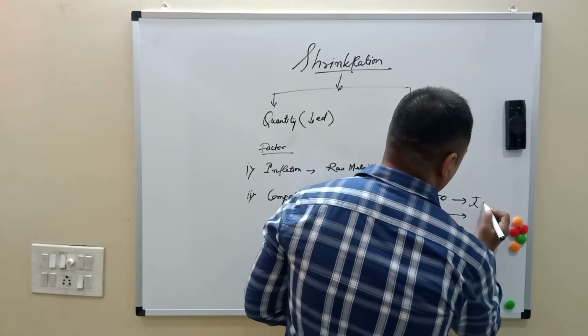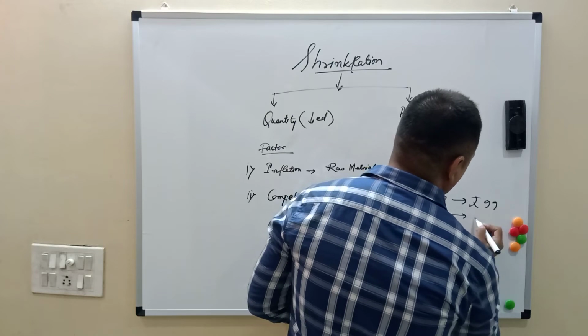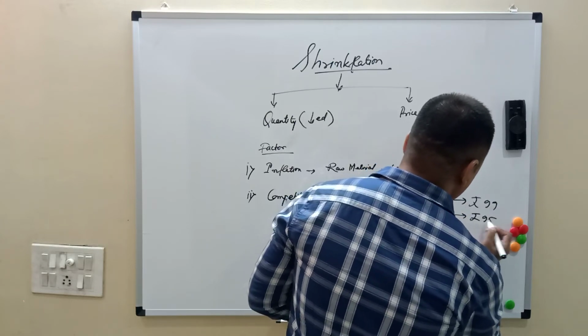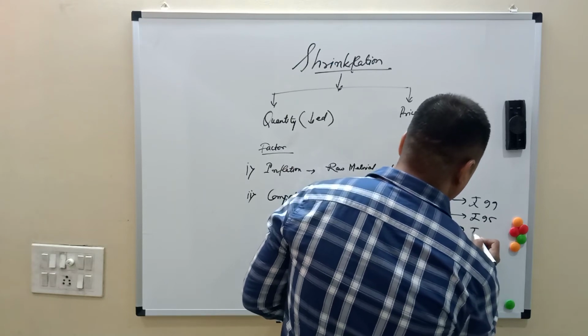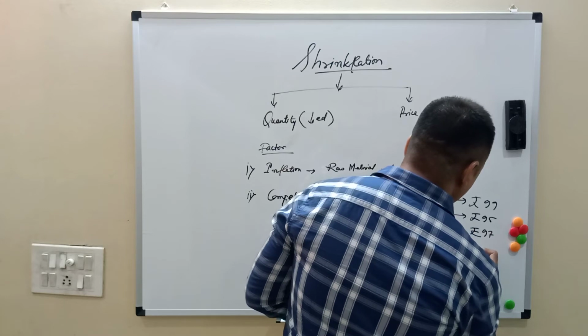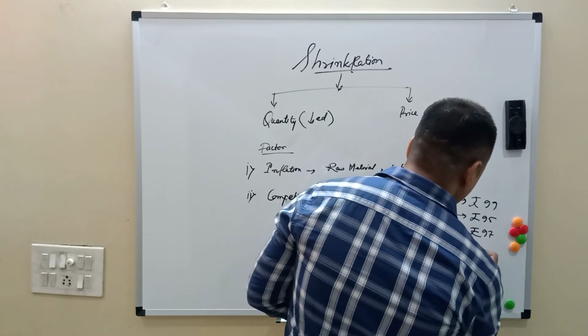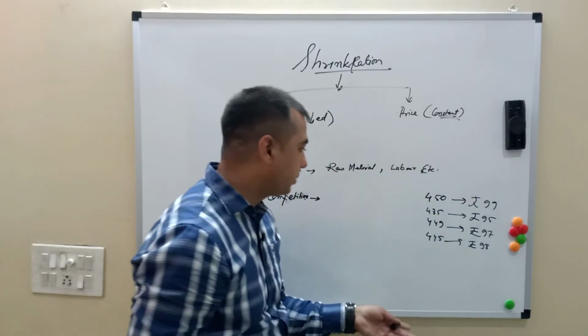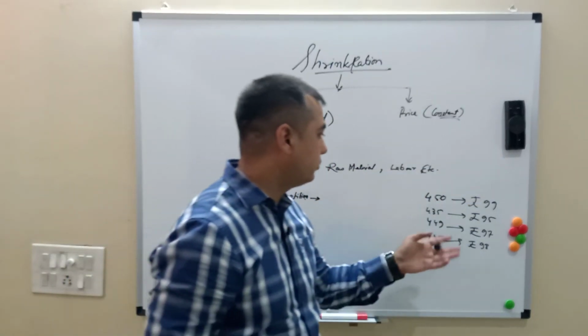Rupees 99, another is coming for rupees 95, this is coming for rupees 97, this is coming for rupees 98. Now with this type of price structure, people often get confused.